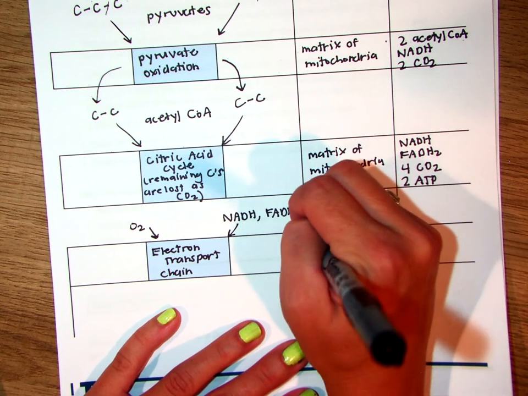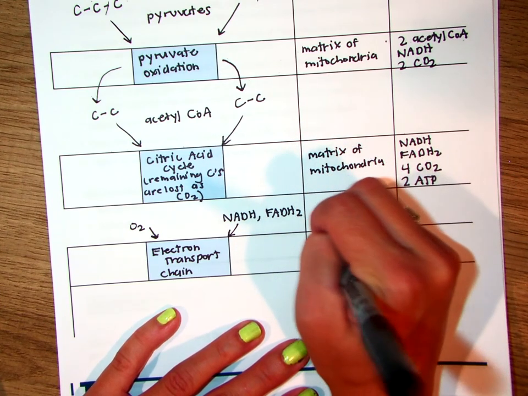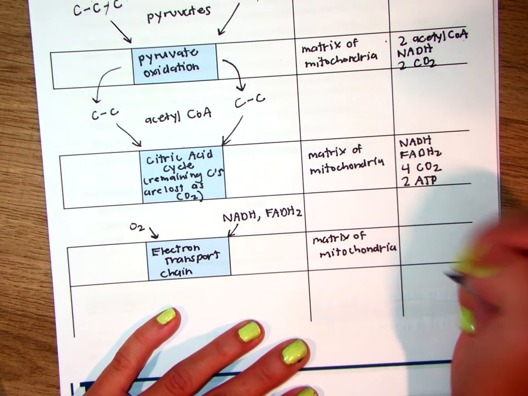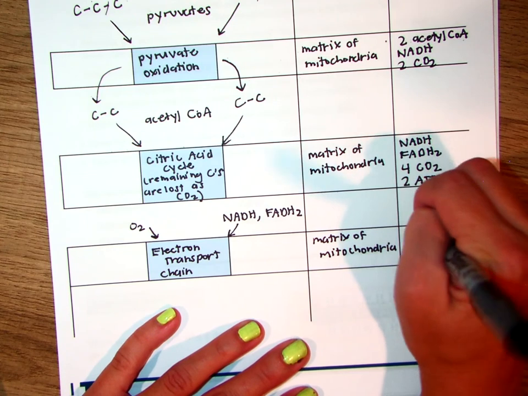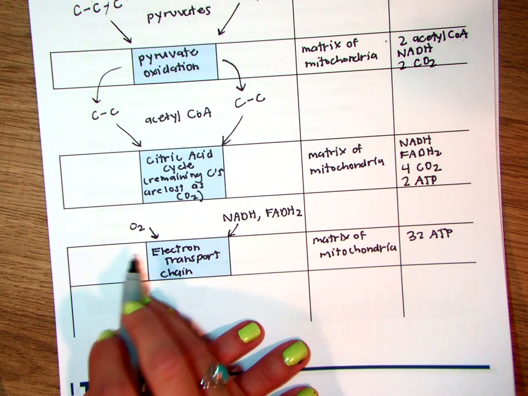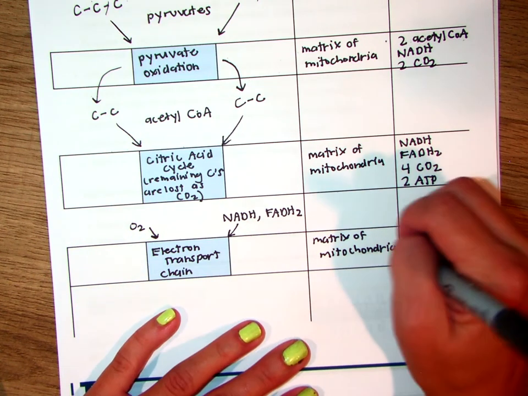This happens in the matrix of the mitochondria. This is going to get us about 32 ATP. And when that oxygen gas pulls the electrons out, it's going to give us some water.